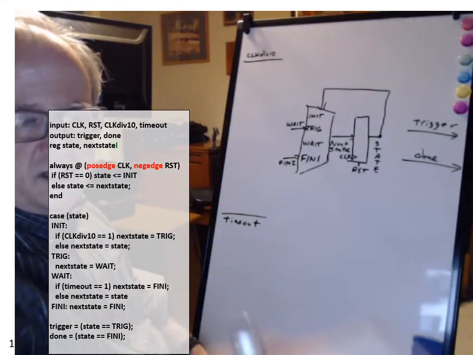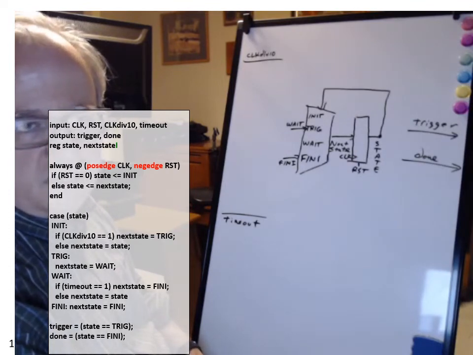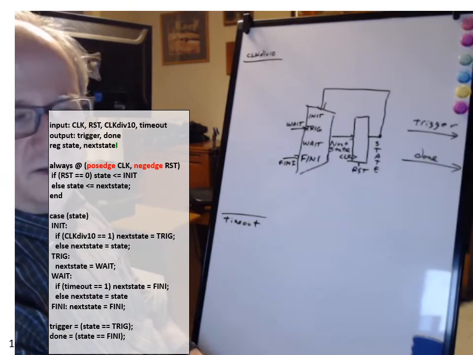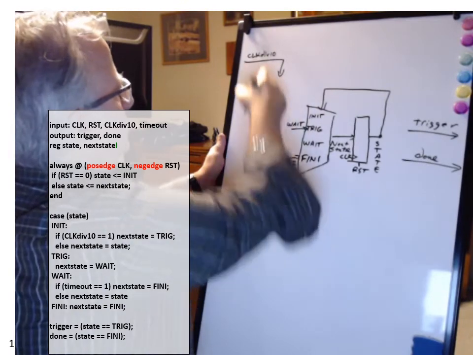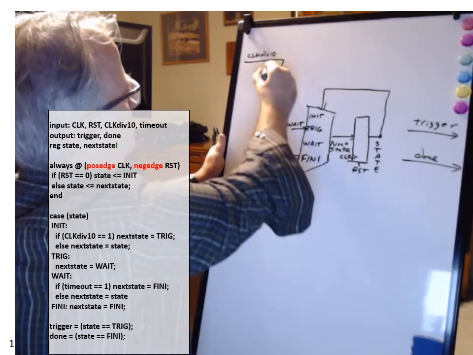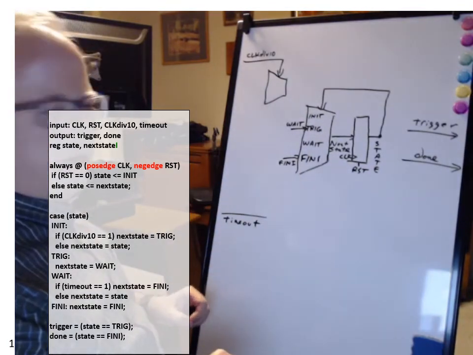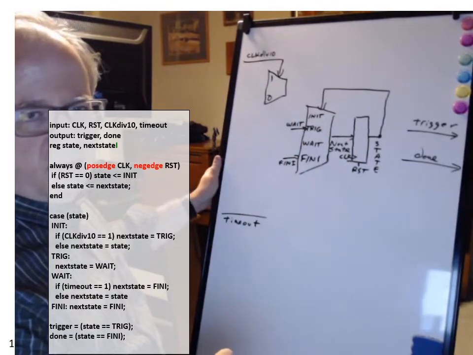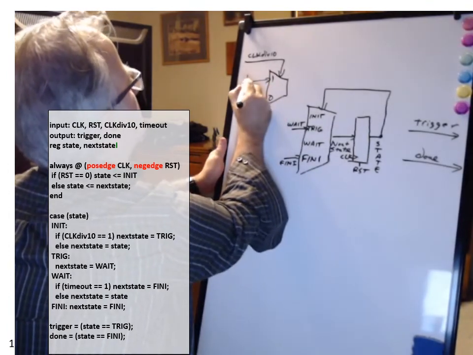And if I look at the init state, the value of next state depends on the value of clock div. So there are 2 possible values. A single if then else branch like this I could consider as a 2-way mux. So if I have clock div 10 as the control signal for a 2-way mux, and the 2 possible values are just 1 or 0 here, then for the value 1, next state is just whatever the state code is for trig.